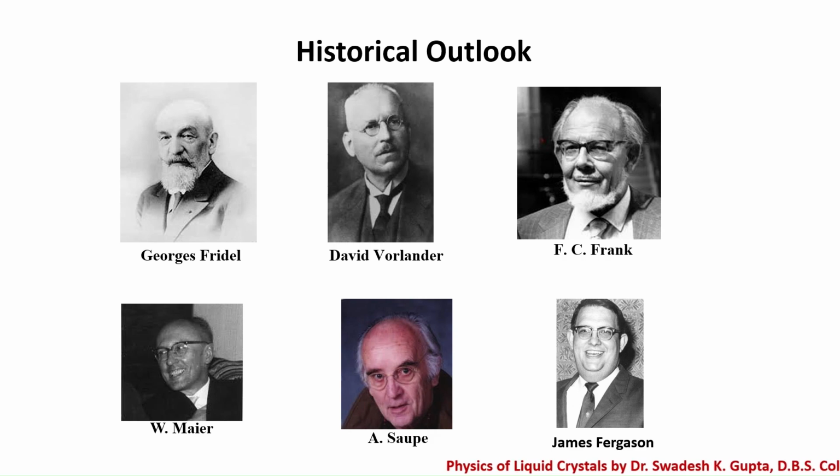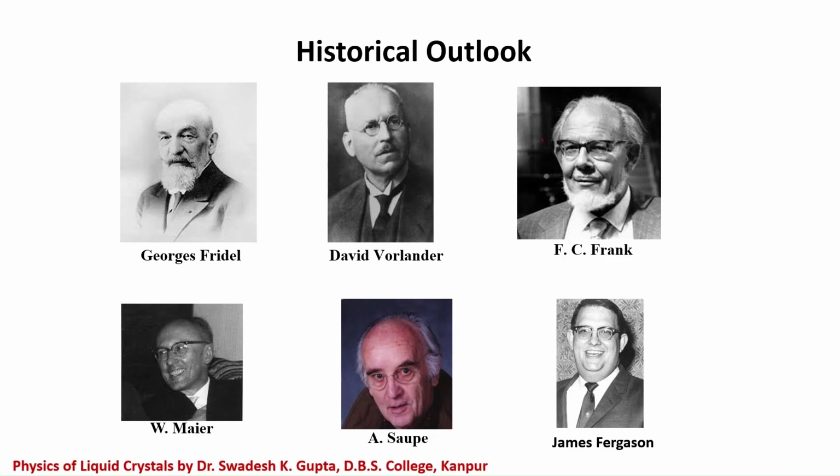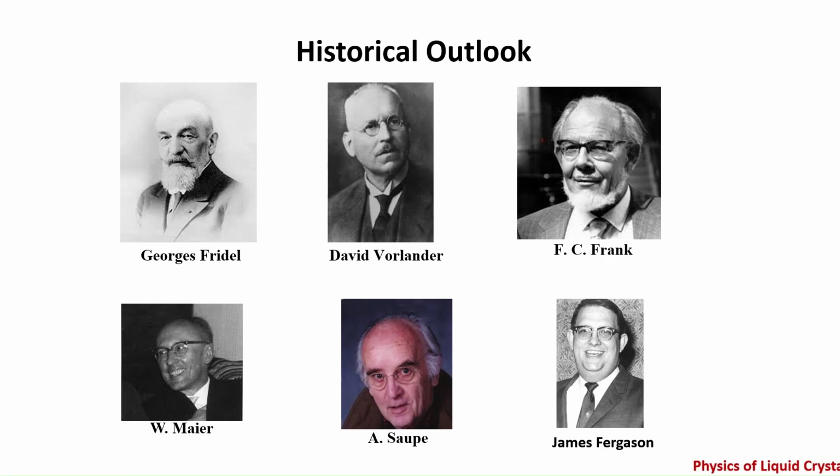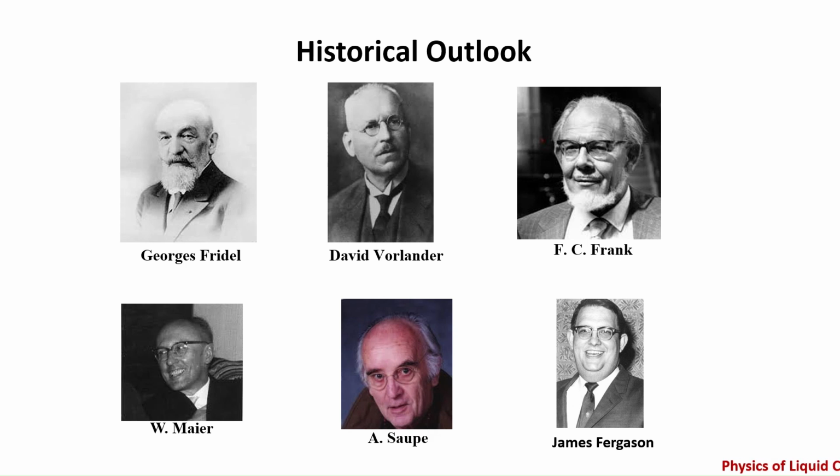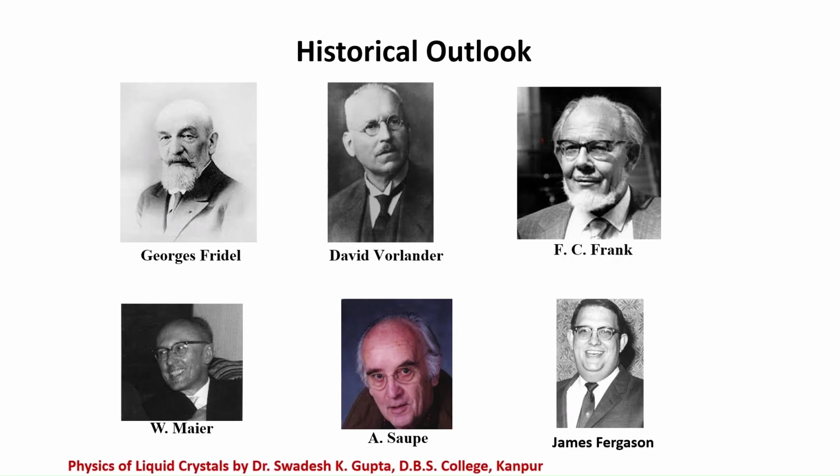Before Vorländer, these different liquid crystal phases, nematic, smectic, and cholesteric, were shown by different substances. But he found a substance which showed more than one liquid crystal phase.